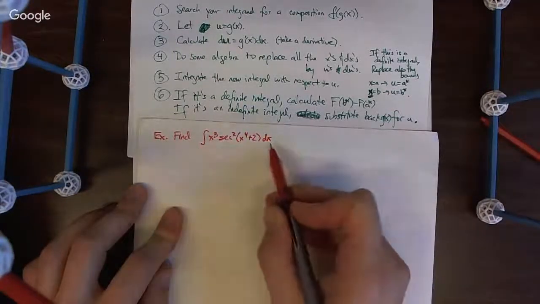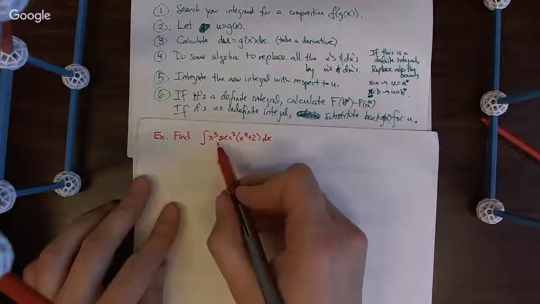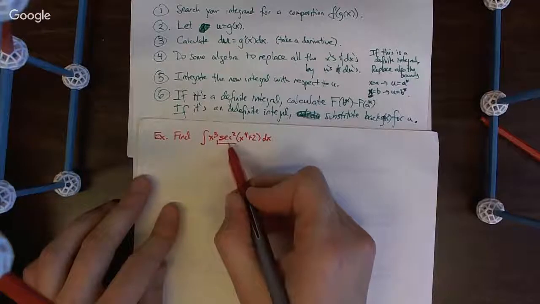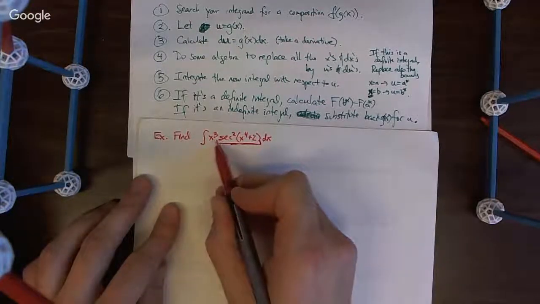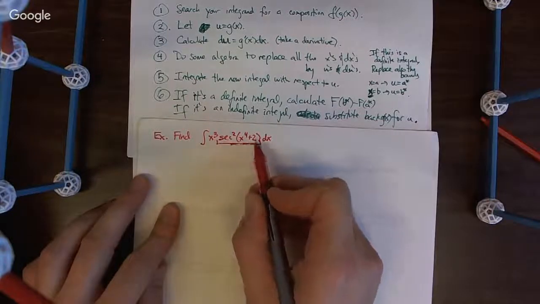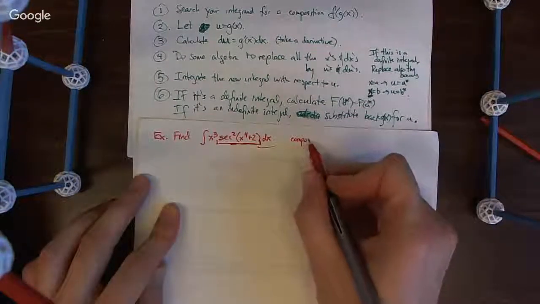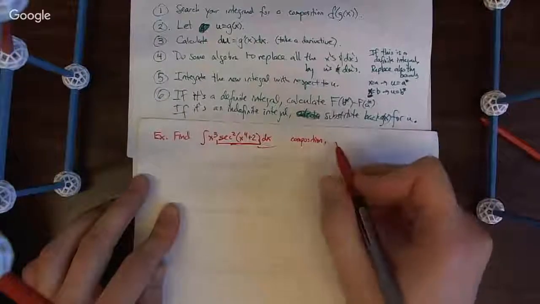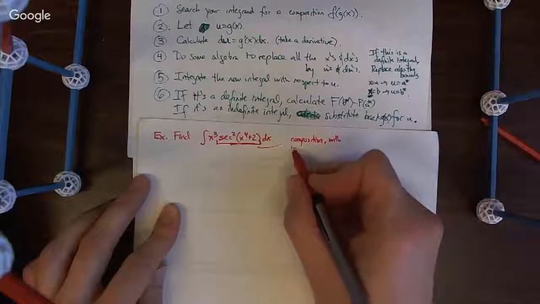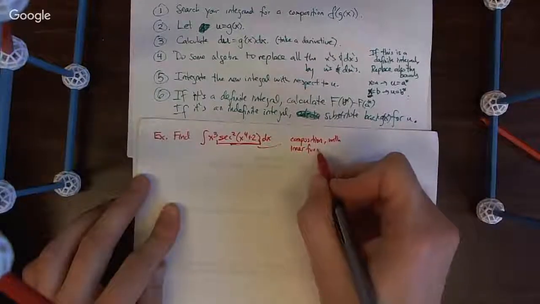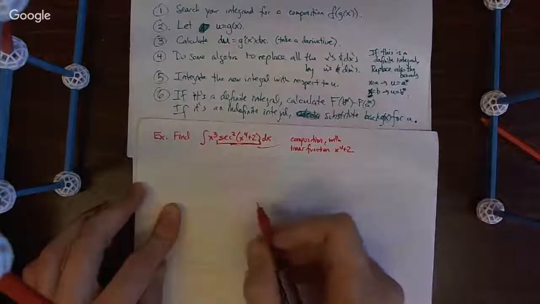There are things hanging around that are not just compositions, but I do see a composition that makes me feel like maybe I need to look at it more carefully. I see the secant squared of x to the 4th plus 2. This is a composition with the inner function x to the 4th plus 2.